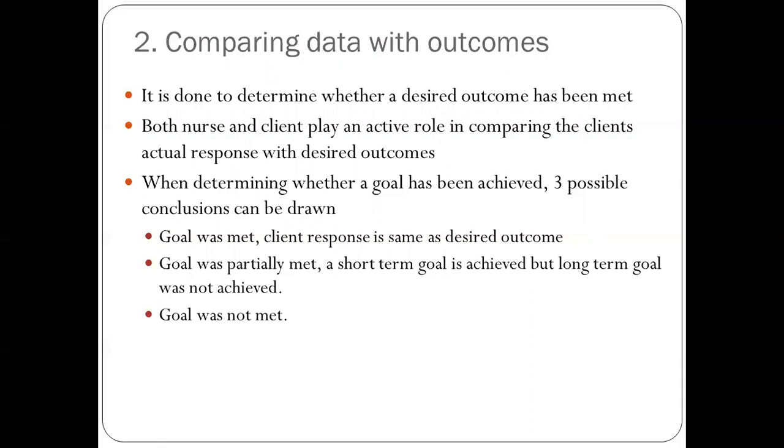Goal partially met means that some amount has been achieved. Like, the short-term goal is achieved, but the long-term goal is still remaining to be achieved. And the last one, the goal has completely not been met. So in order to find out whether the goal is met, partially met or not met, you are comparing the data with the outcomes.